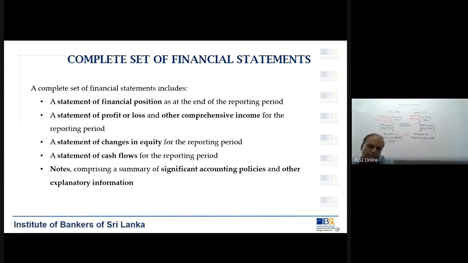Your exam question number 1 covers a statement of financial position, a statement of profit or loss and other comprehensive income, and a statement of changes in equity. Number 4, a statement of cash flows for the reporting period. That is a separate question as far as you are concerned, and that is LKS 7. We will learn it later. Statement of cash flows is LKS 7.